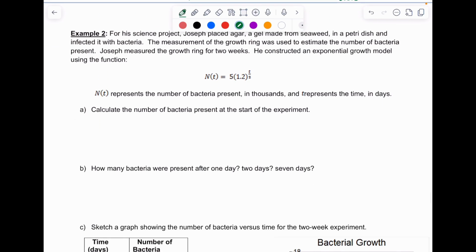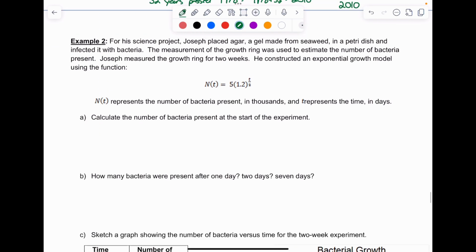Example 2. For his science project, Joseph placed agar, a gel made from seaweed, in a petri dish and infected it with bacteria. The measurement of the growth ring was used to estimate the number of bacteria present. Joseph measured the growth ring for 2 weeks. He constructed an exponential growth model using the function n of t equals 5 multiplied by 1.2 to the power of t divided by 2.